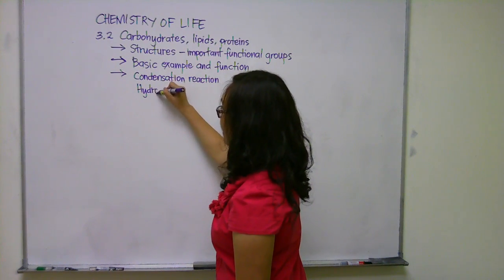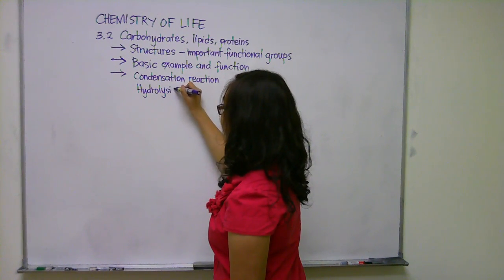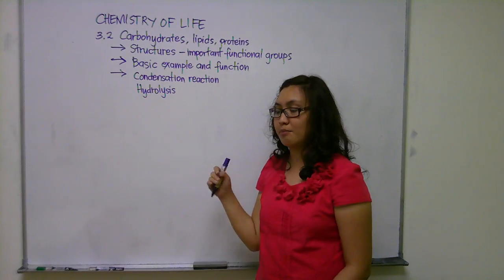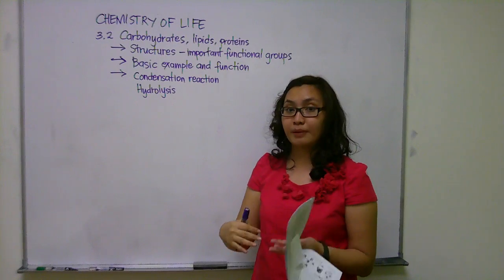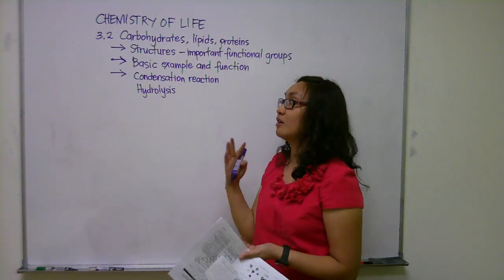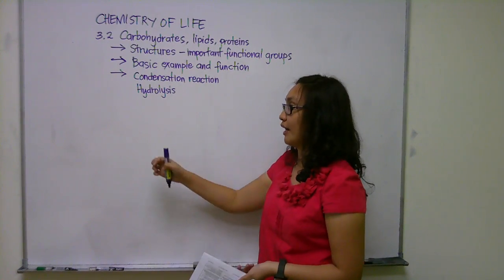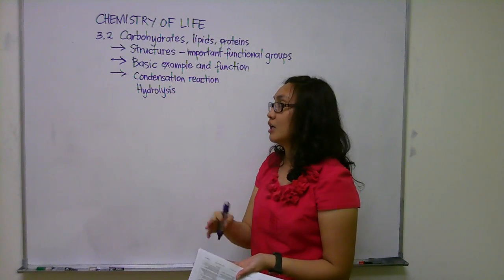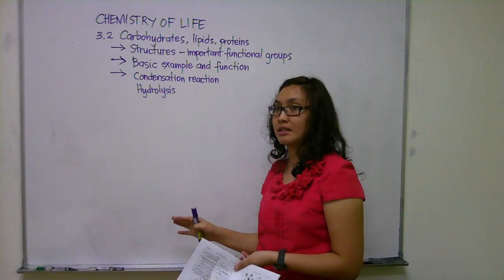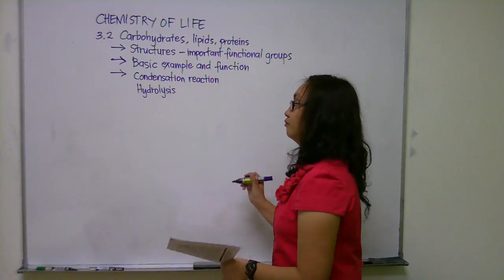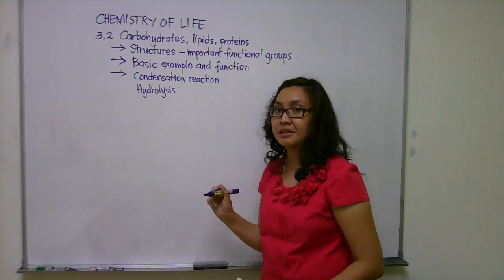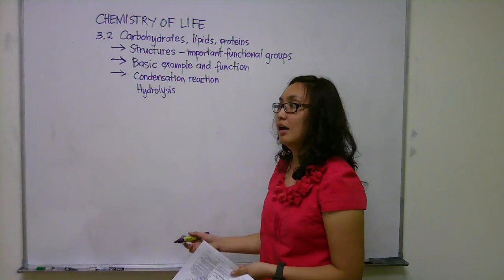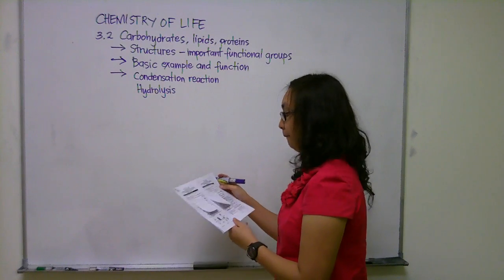It is very important that the students know the difference between the two. Condensation reaction is used in building complex molecules from simple ones, which involves the removal of water. Hydrolysis is the breakdown of complex molecules into simpler ones, which entails the addition of water. There are certain key terms used in this area so that students may learn them in an easier way.